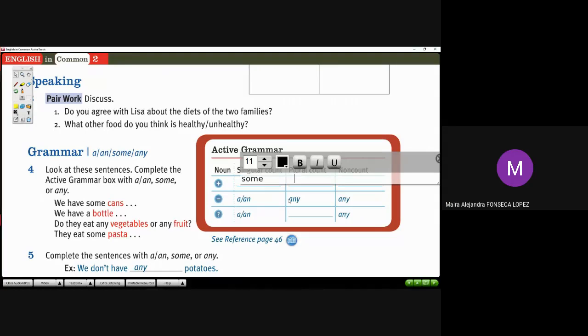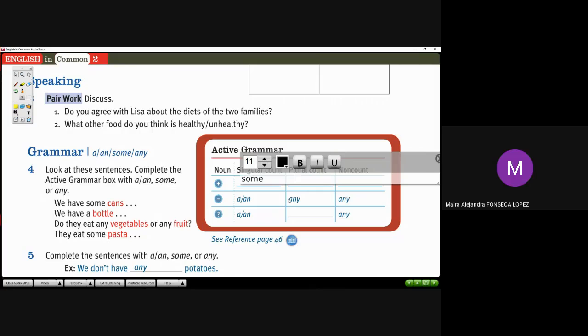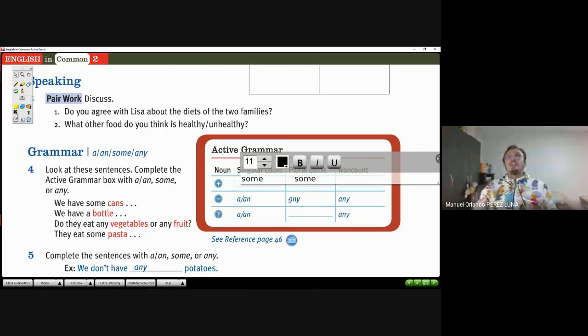In plural, some, yes. Any, no, some. When they are non-countable, any, yes. Okay, any.